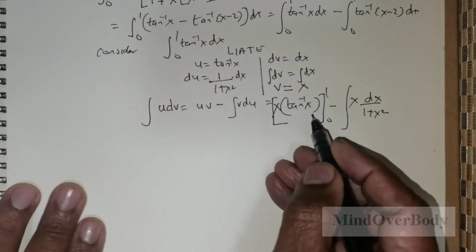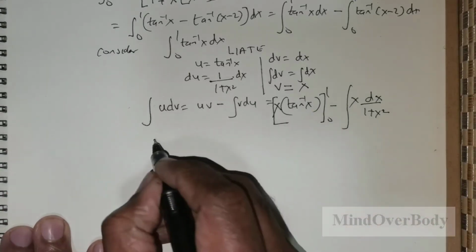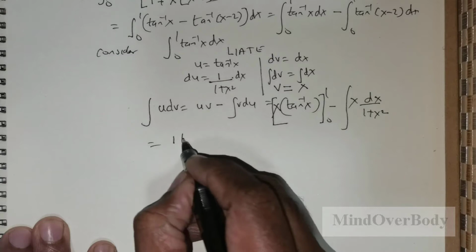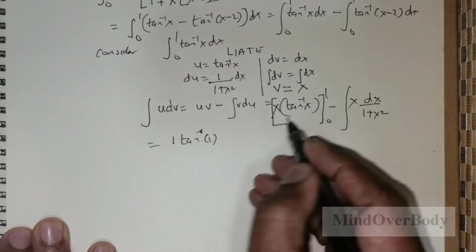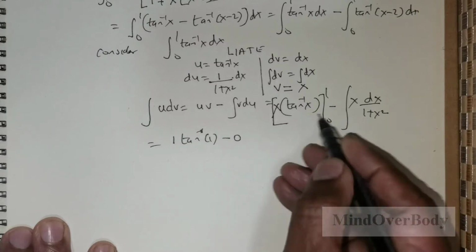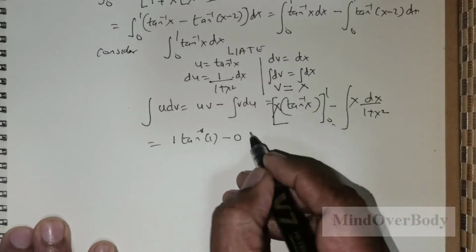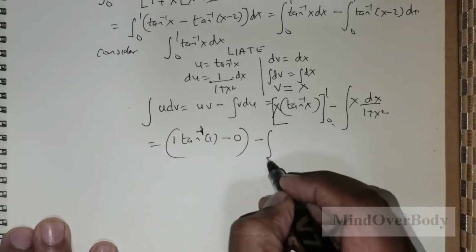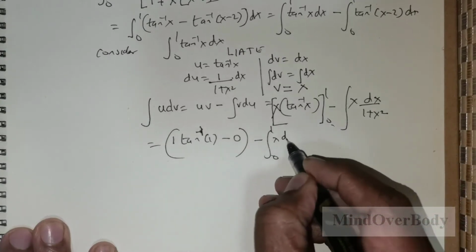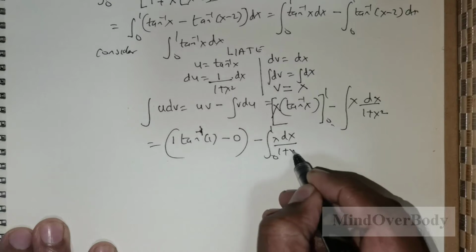Now I can substitute the limits. That's going to be 1 times tan inverse of 1 negative 0, because 0 times anything is 0. So this is my first part. For the second part, I have to integrate from 0 to 1 of x dx divided by 1 positive x squared.